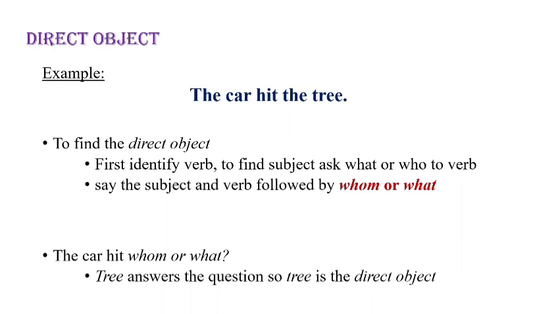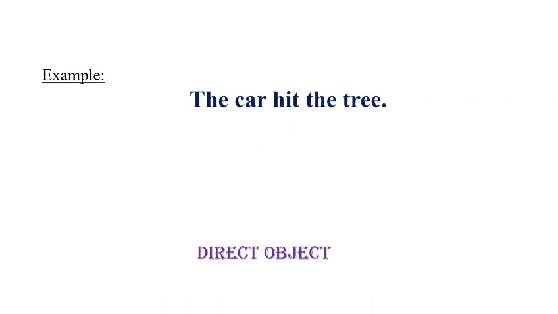In order to find out the subject, when you identify the verb in a sentence, you can ask who or what to the verb, and the answer will be the subject. Then when you say subject and verb followed by whom or what, it will give you the answer of the direct object. It's very simple and easy. You have to just concentrate and you will be able to understand. Okay. How? I'll tell you.